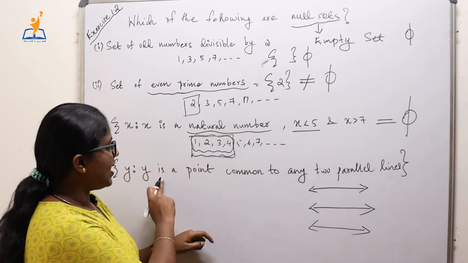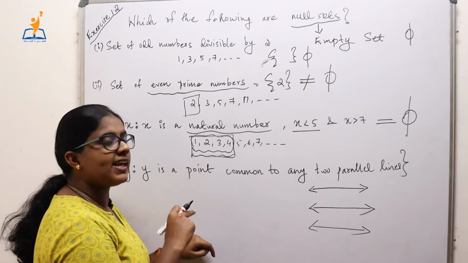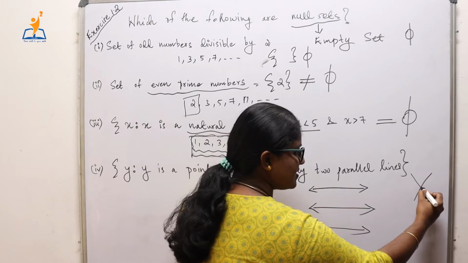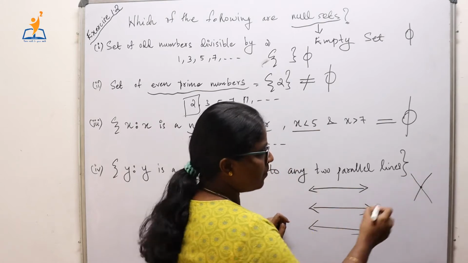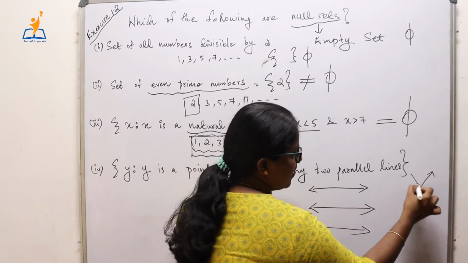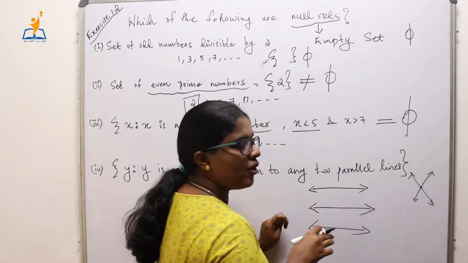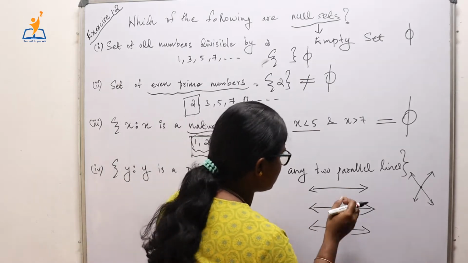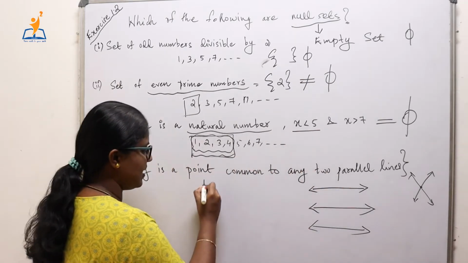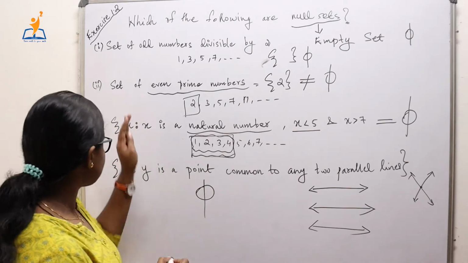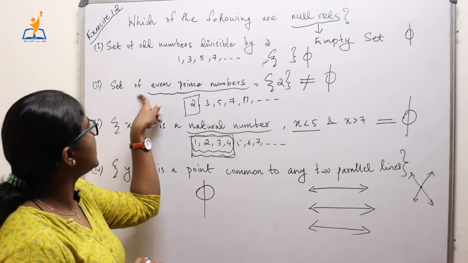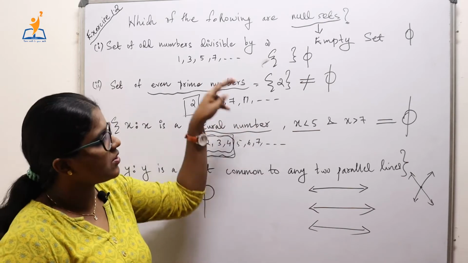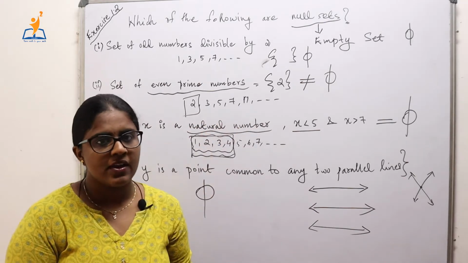Now y is a point common to any two parallel lines, which means if these are the lines, this is a point common to both of these lines. But parallel lines will not intersect, therefore there is no point common to parallel lines, which means our set is an empty set. So in these four questions, only the second question is not an empty set. All others are empty sets or null sets.